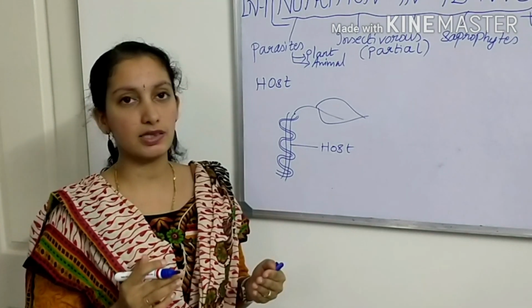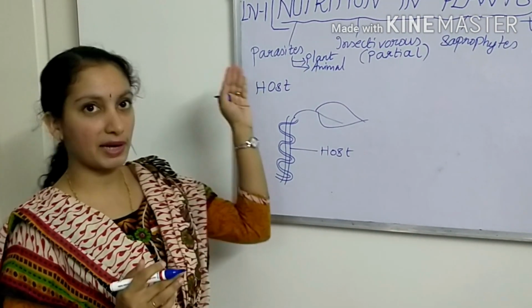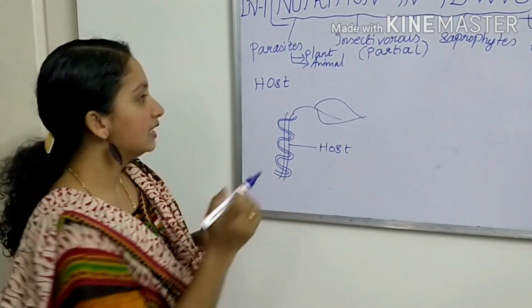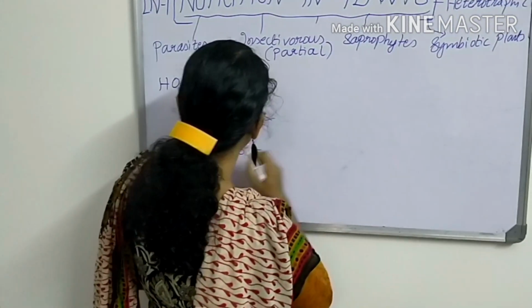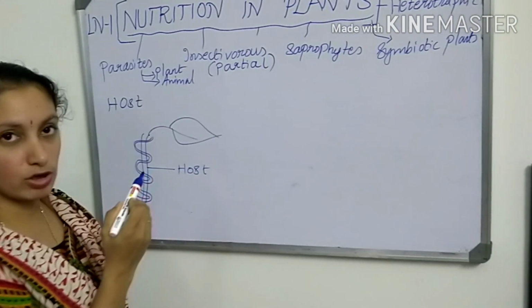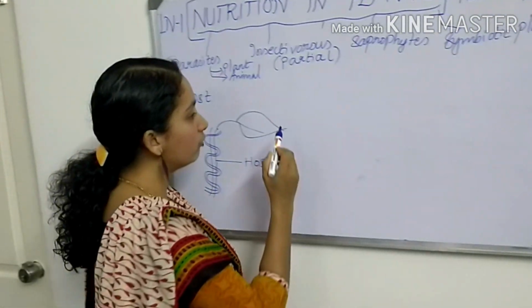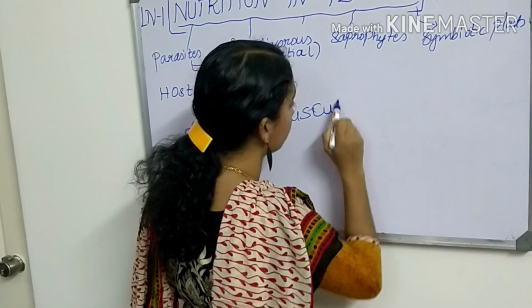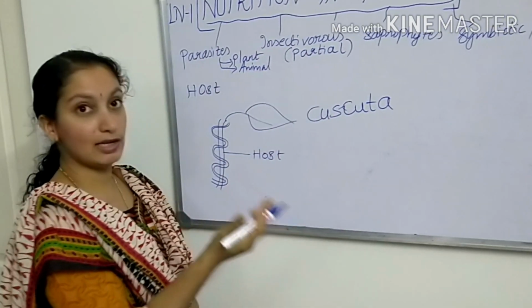What are the plants acting as parasites and climbing over hosts for food? The examples are the yellow color plant which does not possess chlorophyll. So the first one is Cuscuta plant. Cuscuta. This is yellow color.